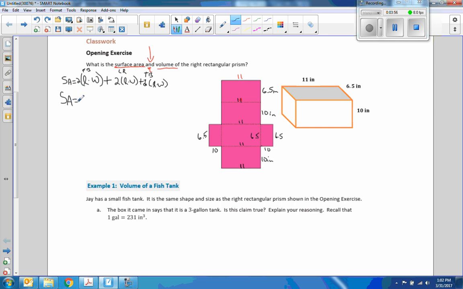So I'm going to plug in my givens. The length and width of the front and back, which would be F and B, would be 11 by 10. Plus 2 of the left and rights. This is left, this is right, are 6.5 by 10.